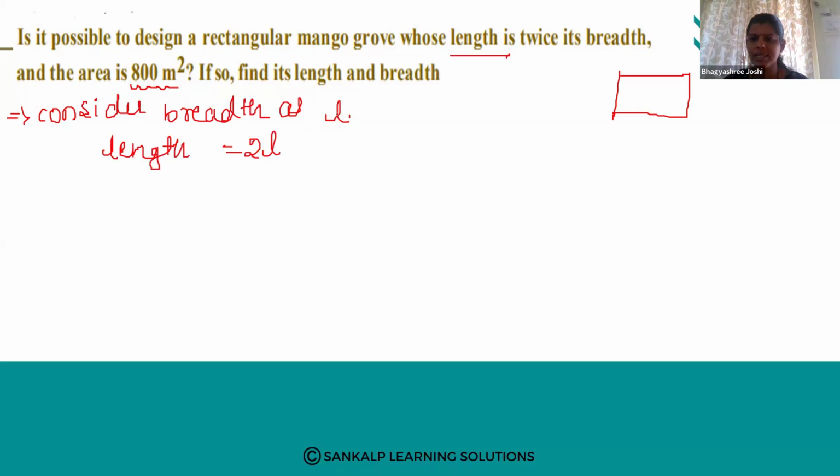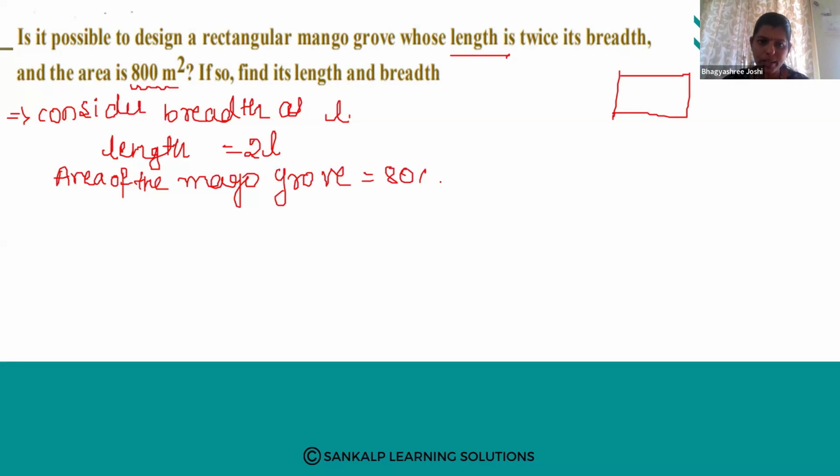So if breadth is considered as L, then length is twice of its breadth. That means 2L, right? 2L. Now, area they have given, area of the mango grove, that is 800 meters square they have given. Now, find its length and breadth.